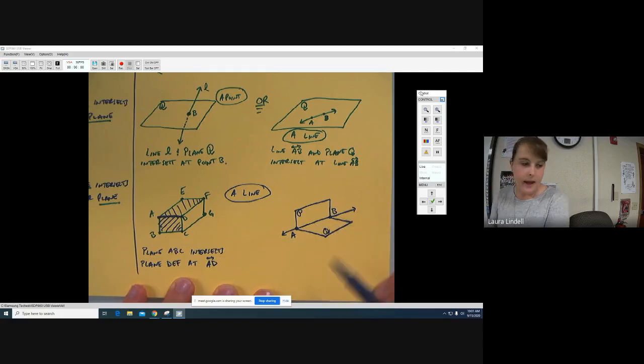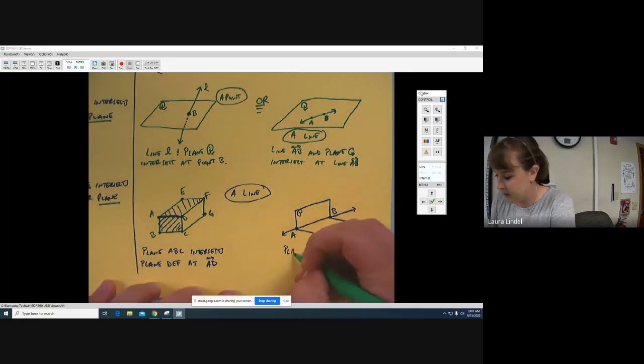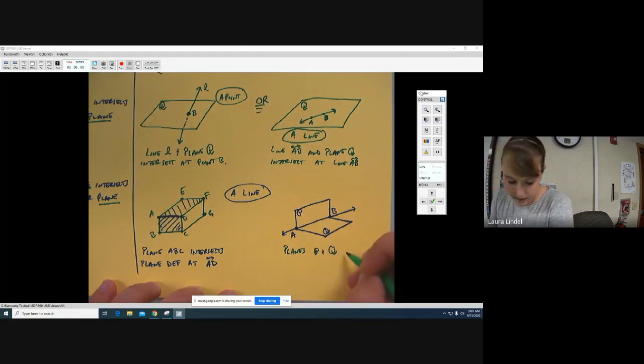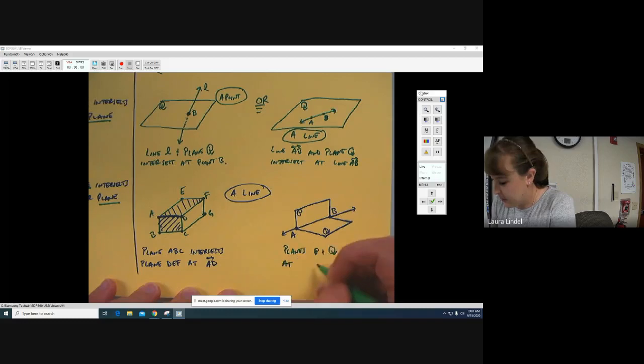So that would be line AB, because that's the line that they touch at. So we could say planes P and Q intersect at AB.